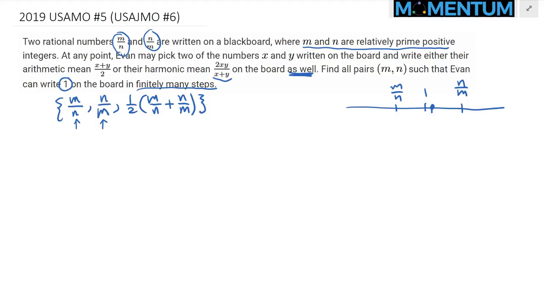You keep ever expanding this set, taking arithmetic and harmonic means, to see for what pairs of m and n as starting points it is ever possible to reach the point 1 in a finite number of steps.